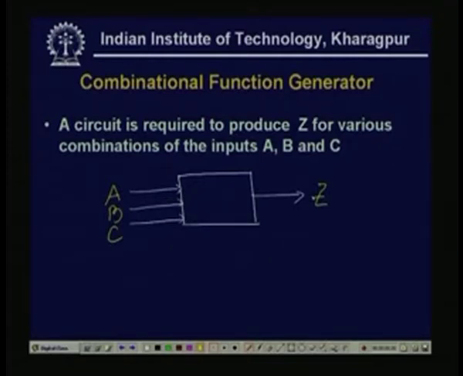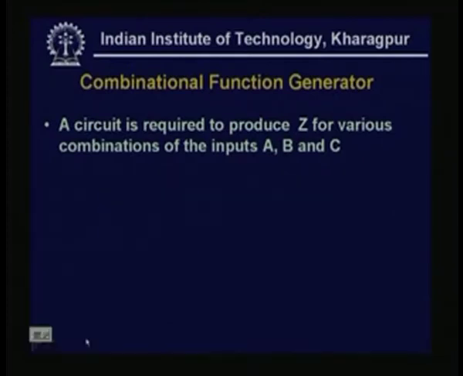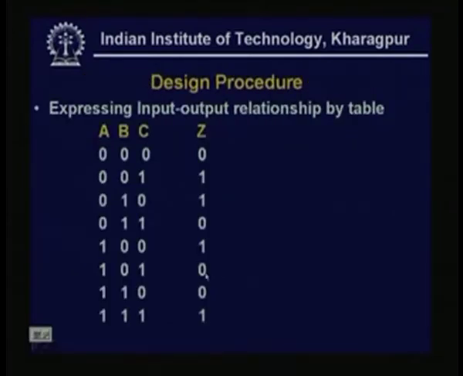Now, first I have to see what function it realizes, or what is the input output relationship. Now, expressing input output relationship by table. So, here one table is given which actually gives that if the A, B, C inputs take these values, then what will be the output.